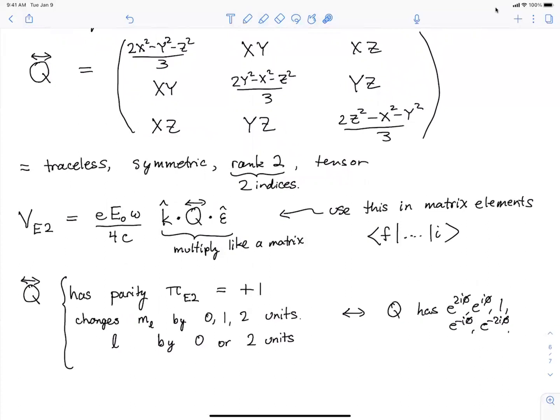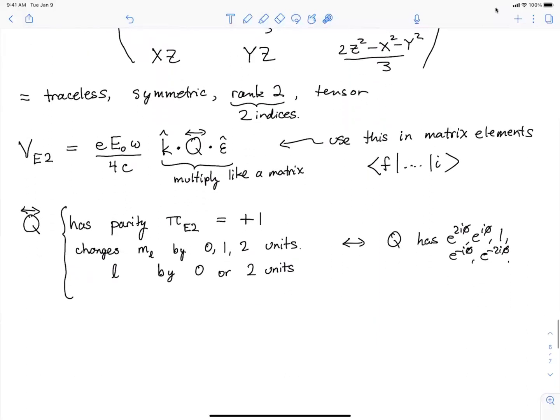We already saw that from when we were talking about the E1 transition, but here you're always doing it twice. Every term here, you're doing 2 of these. And so you can change it by 1 unit up or 1 unit down, but then you change it 1 unit up or 1 unit down from that. So you can't change L by an odd number, but you can change it by 0 or 2.